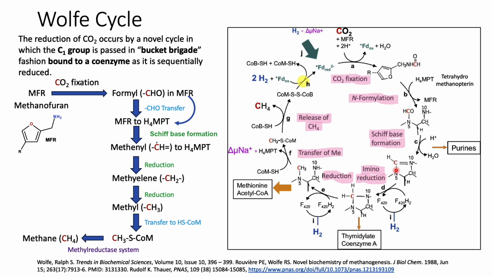And then the imine reduction means this double bond, C=N, is reduced to C-N, as shown here, as a single bond, followed by another reduction. Here the ring opens up, that is the next reduction happening. Then finally the transfer of this methyl group takes place, and the methyl group is released as a methane molecule. So this is how the carbon dioxide carbon is converted into methane in methanogenesis.